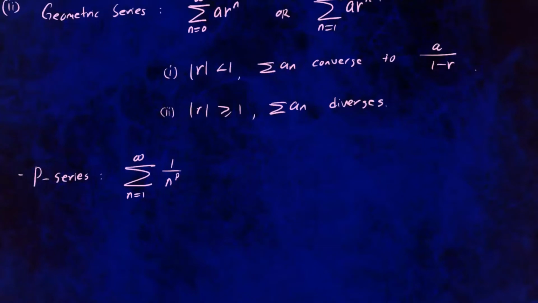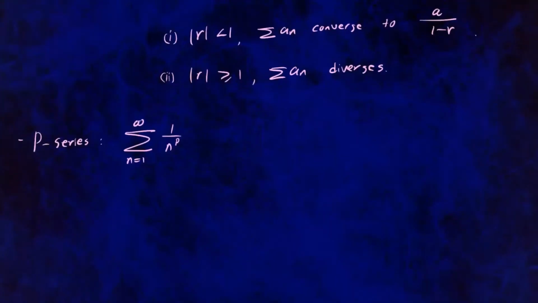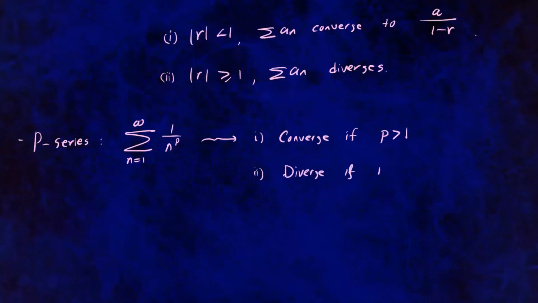Again, we break it down into two cases. This will converge if p is greater than 1, and it's going to diverge if p is less than or equal to 1. So these are the two cases for the p-series type.